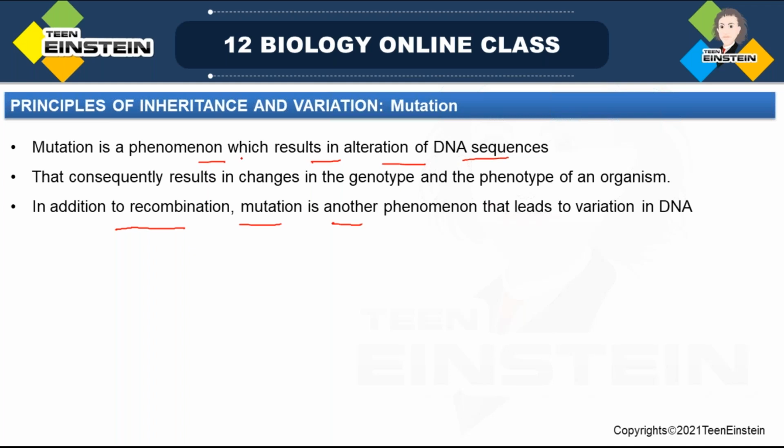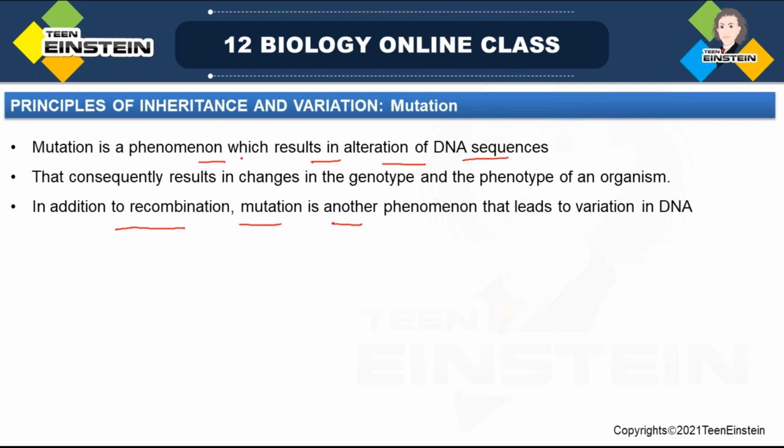Okay. So mutation means the alteration of DNA sequence. What do you mean by mutation? The alteration of DNA sequence, and that results in changes of genotype. Due to that alteration in DNA sequence, the genotype itself and the phenotype of an organism also get affected by this mutation.